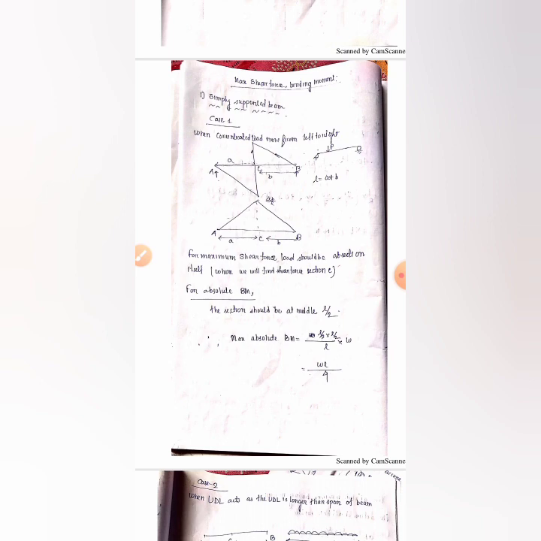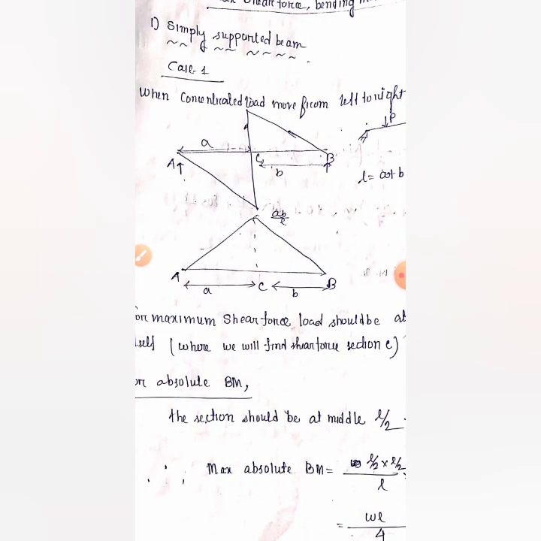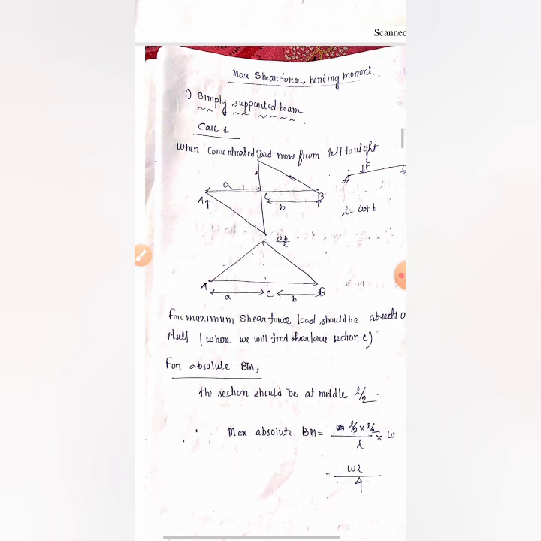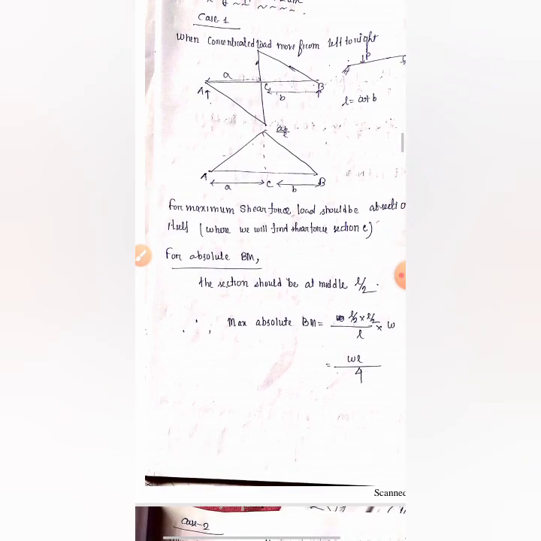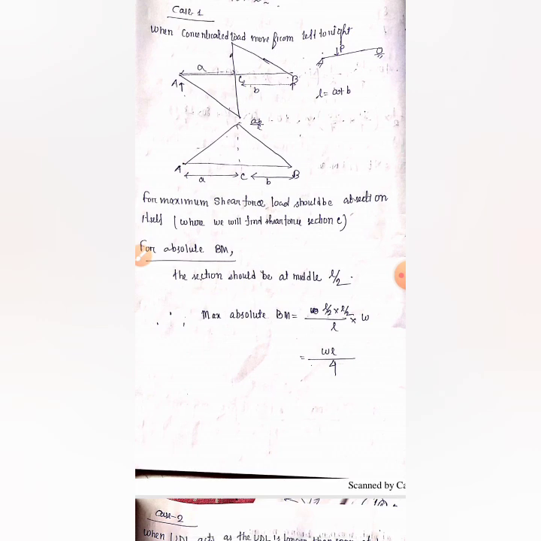Suppose AB is L length, then we have to find at L by 2. That means at section C, suppose we are trying to find the maximum absolute bending moment, C will be at the middle of the span, that is L by 2 from left, L by 2 from right. That means A equal to L by 2 and B equal to L by 2, because A is the distance of the section.